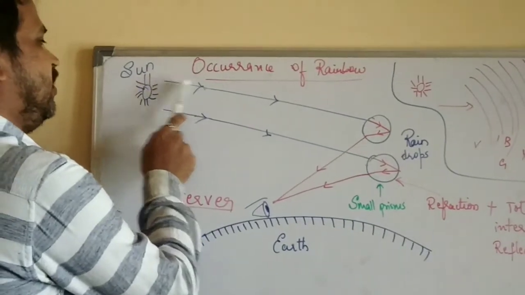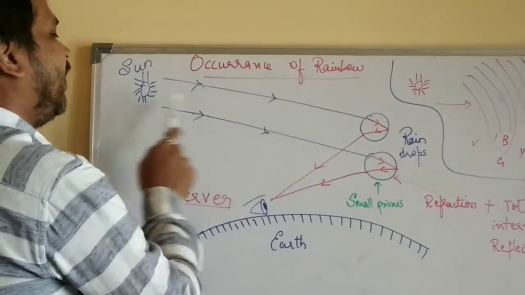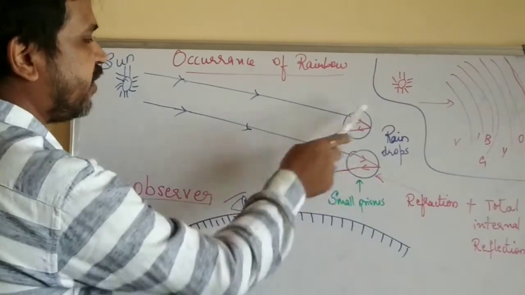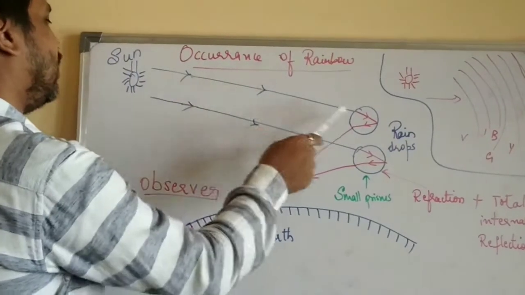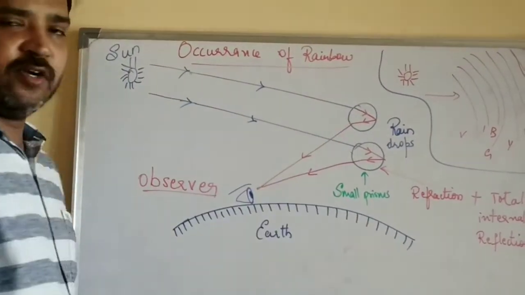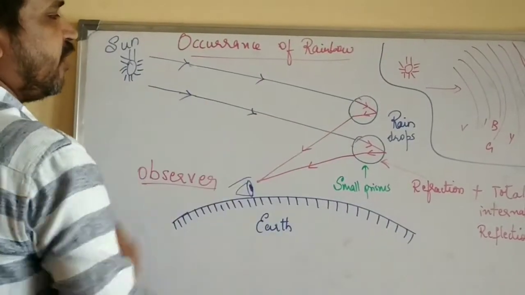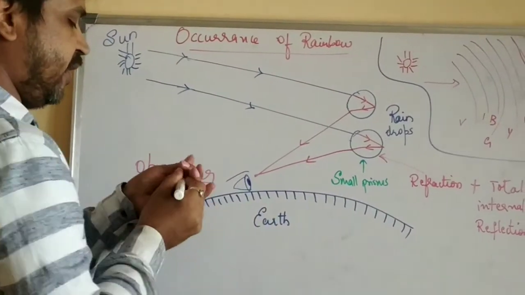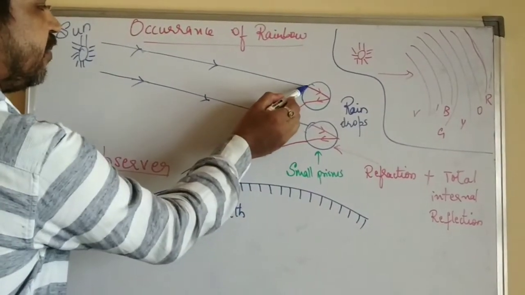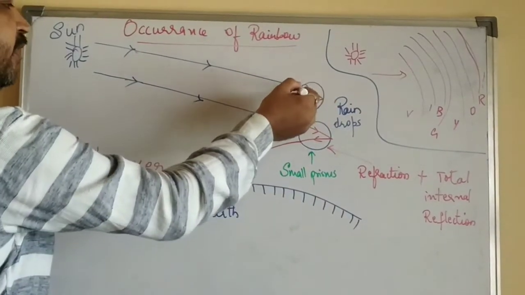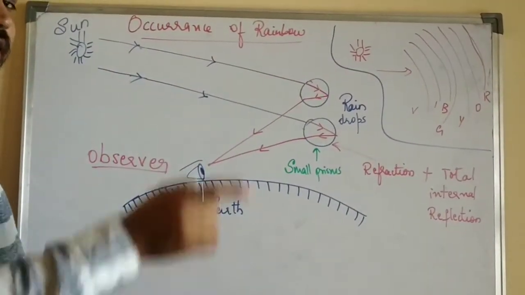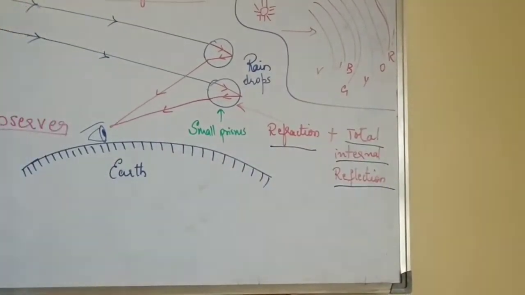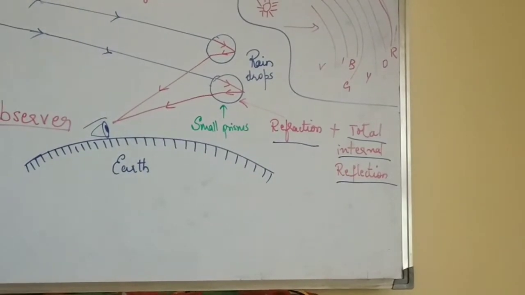when the sun rays are coming parallel and falling on these rain droplets, you can see that within the rain droplet this sunlight will undergo refraction. It will undergo first refraction, where there is a bend of light, and within this rain droplet there is one more optical phenomenon along with the refraction, that is total internal reflection.